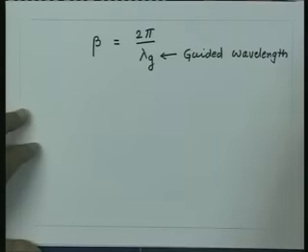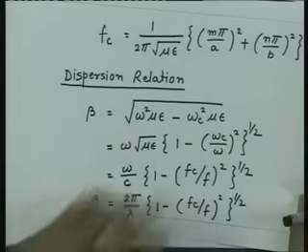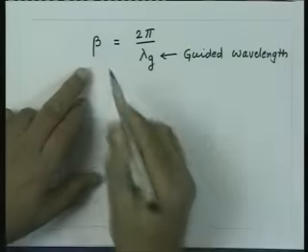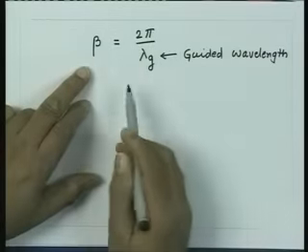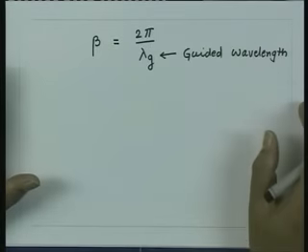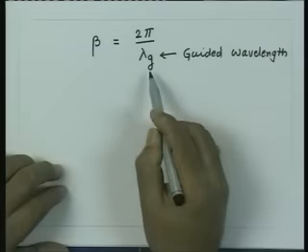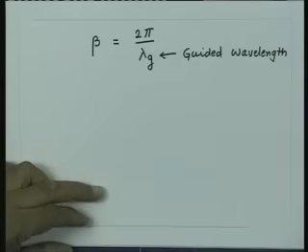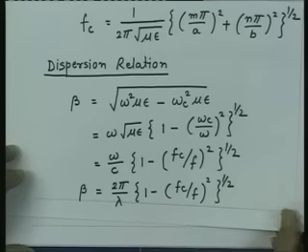So, see what we have done, we got this quantity beta from our analysis. Whatever that beta is, if I take 2 pi divided by that beta, we get a number, and that number essentially tells me the effective wavelength along the waveguide in which the wave is going to travel. So, on a physical structure like a rectangular waveguide, the meaningful parameter is the guided wavelength and not the intrinsic wavelength, because this wavelength we are not going to measure along the waveguide.